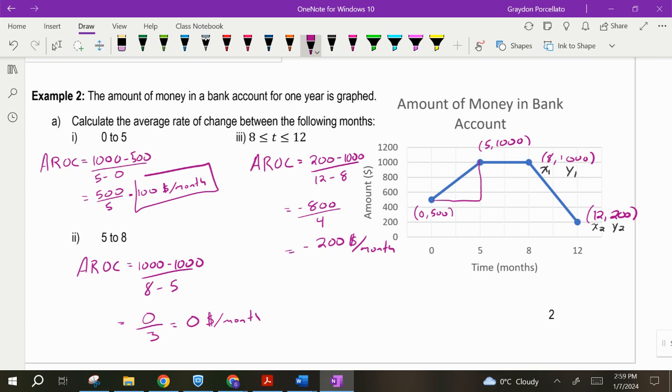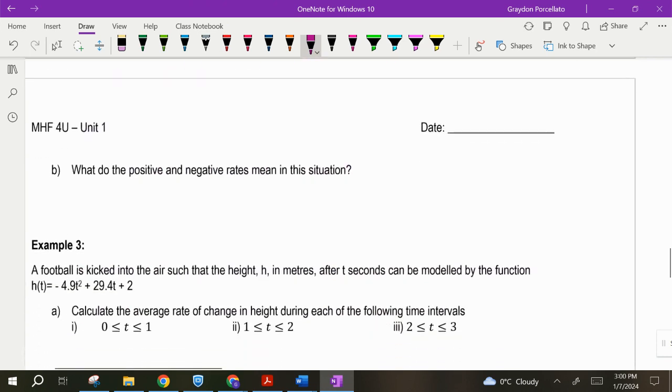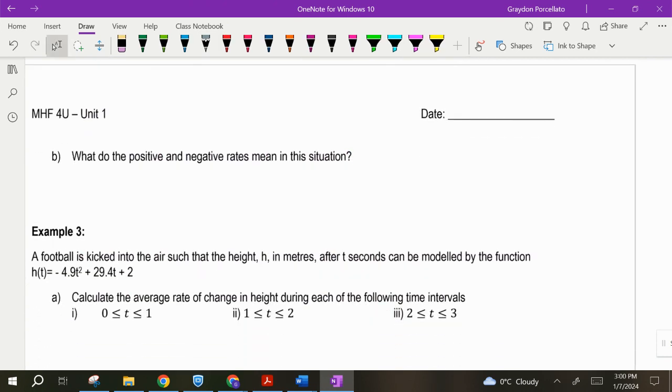So this is a non-linear function. If you remember from our very first unit, this might be referred to as a piecewise function. So you can determine average rates of change of a piecewise function. What do the positive and negative rates mean in the situation?